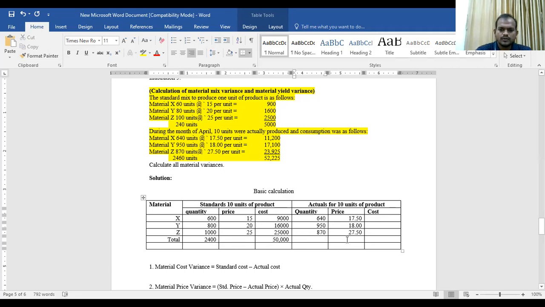And the quantity 2460. 11,200, 17,100, 23,925. So actual cost will be 52,225.